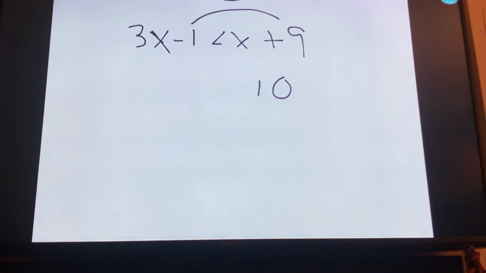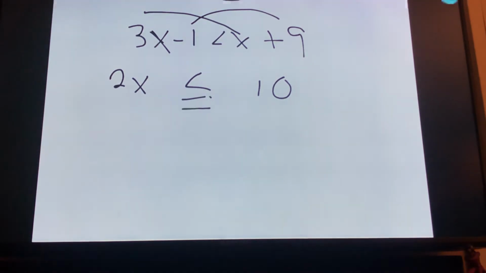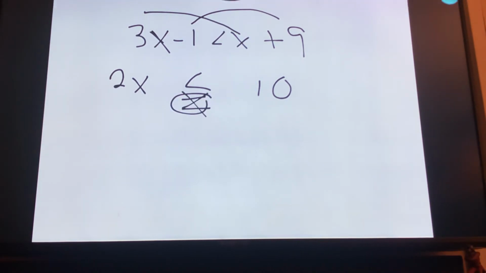And if I move this over, it gives us 2x less than 10. So 2 and 2, and since we're dividing by 2, two even numbers, it's going to be 1x. The sign doesn't change because they're both positive. So 1x is less than 5.